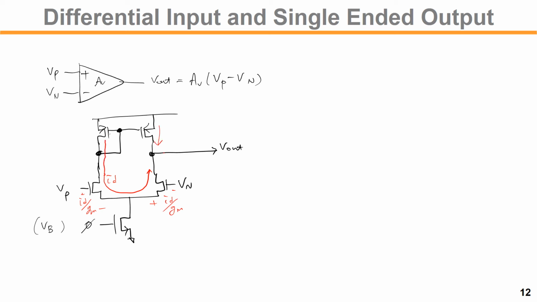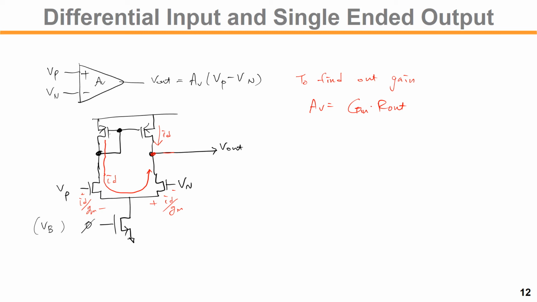So finally, at the output, we have ID going into the output node and an additional ID coming out of the other side. So to find out gain, we use the big GM. We use that AV equals big GM times R out.